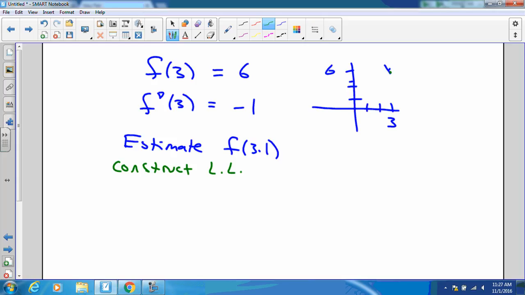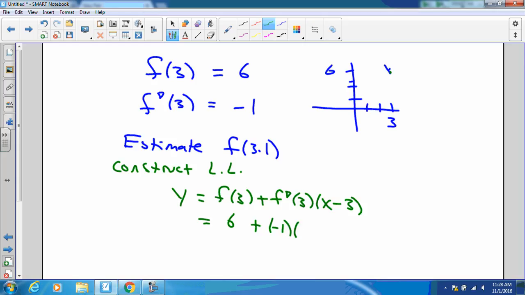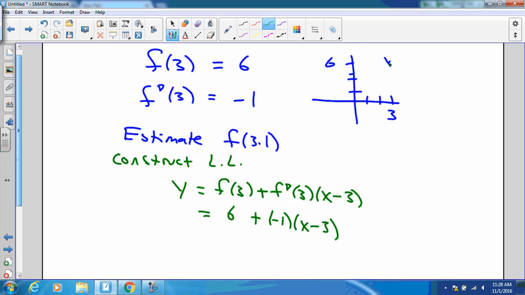We construct the local linearization. I'm going to use LL as the abbreviation for the local linearization. y equals f of 3 plus f prime of 3 times x minus 3. And that gives us 6 plus -1 times x minus 3.